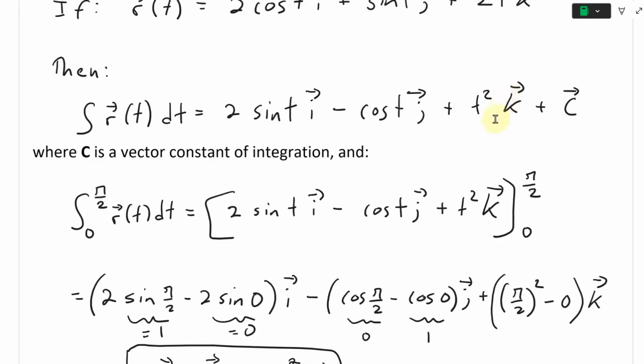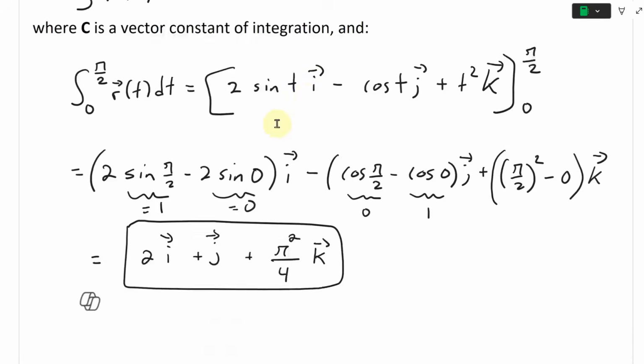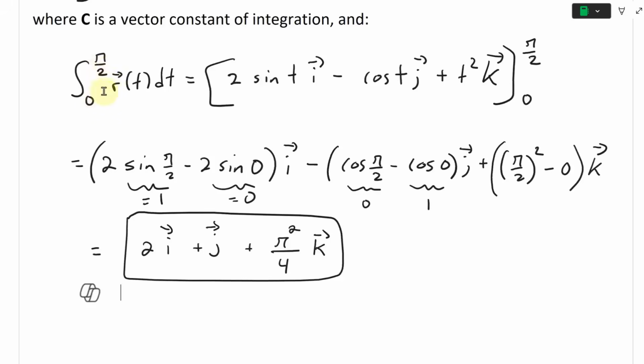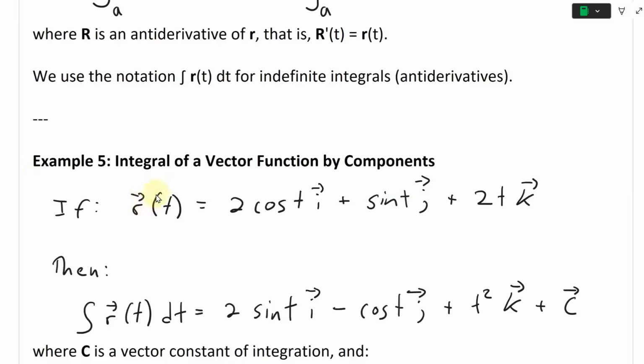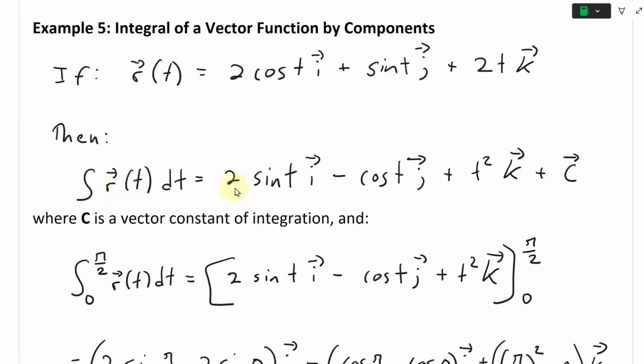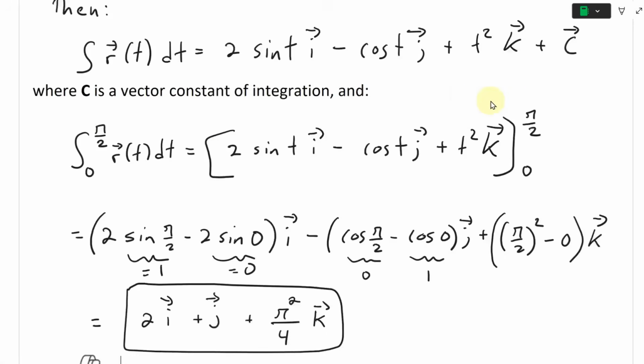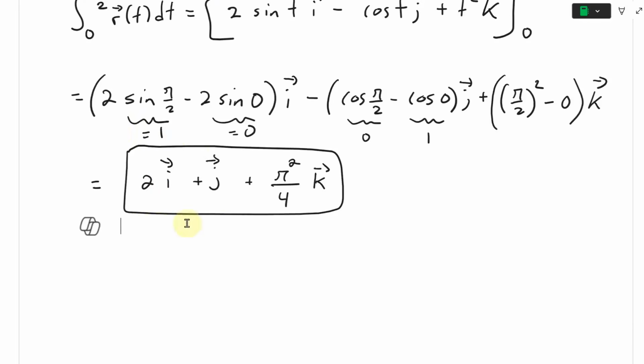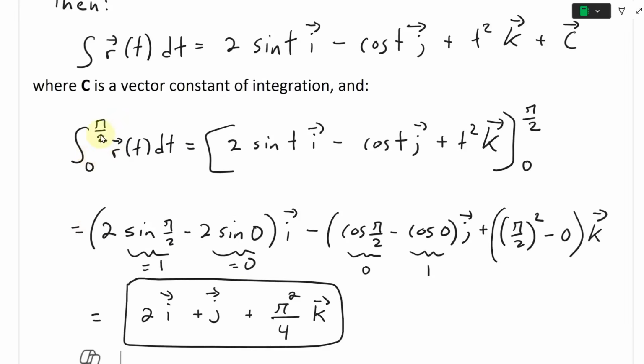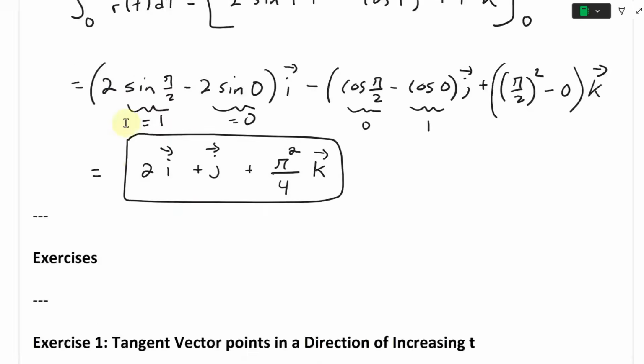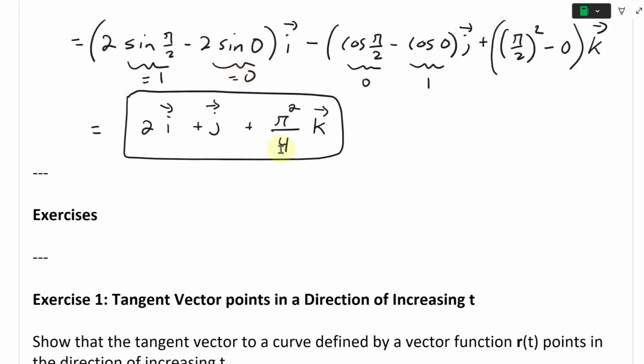So that is just the definite integral from 0 to pi over 2 of this vector function over here. And here is the indefinite integral, or the antiderivative, and here is the definite one when you're evaluating from 0 to pi over 2.